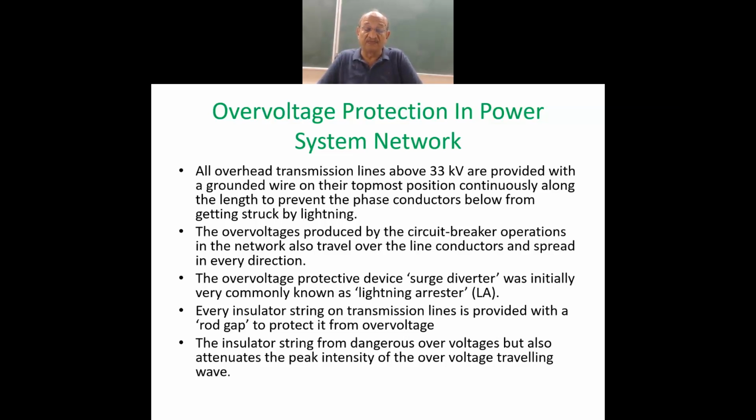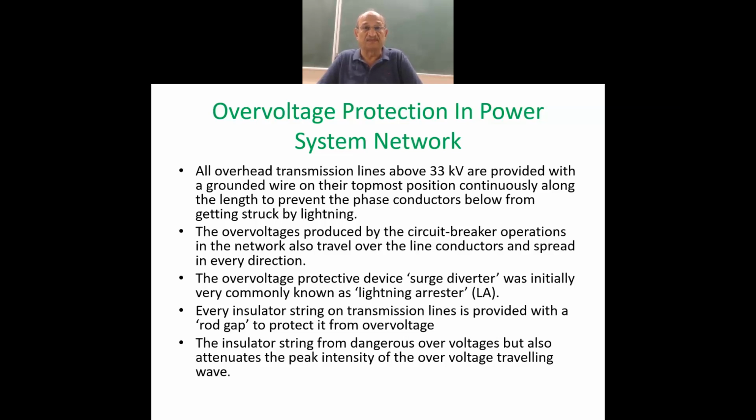All overhead transmission lines above 33 kV. 33 kV, you can say, is a distribution line. Very often 33 kV lines are underground also, which are not vulnerable to, for example, lightning strikes. So all overhead transmission lines above 33 kV are provided with a ground wire.